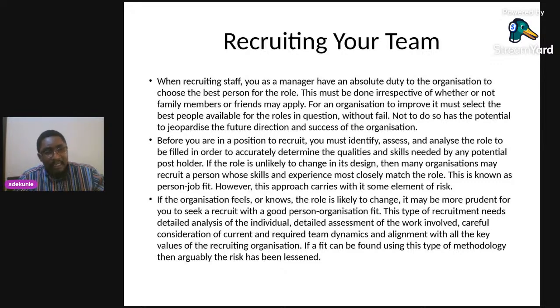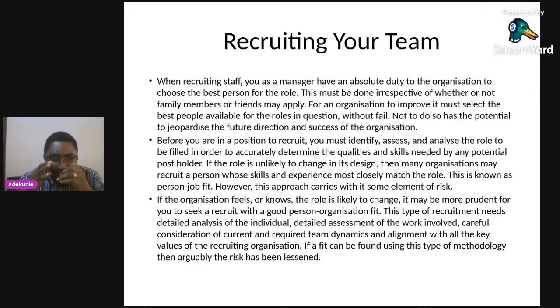There are two things: what we call job fit and organization fit. The person who is job fit might be fit for that role, and if the role changes in the organization, the person might not be able to adapt to the change that might come within the organization as a whole. So when you recruit, there's a need for you to do a detailed analysis of the individual, especially when you're doing an organization fit role.